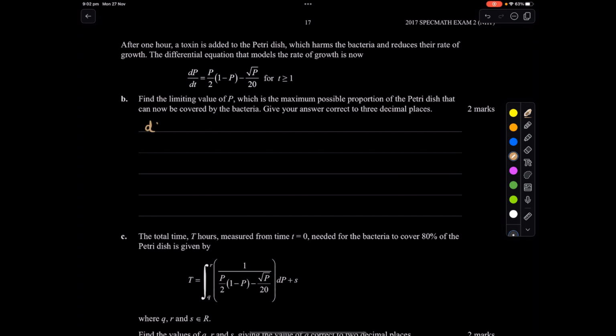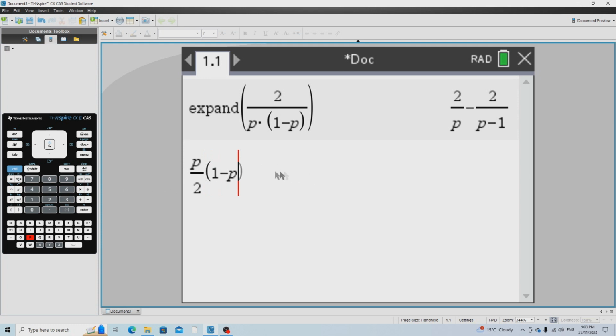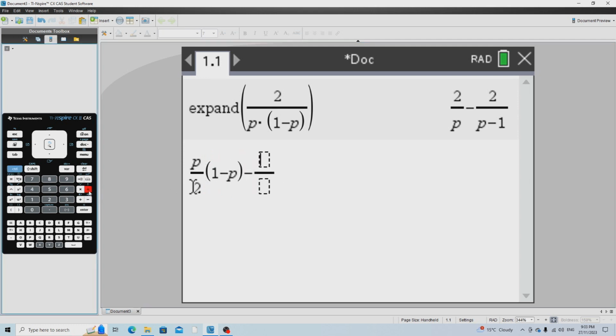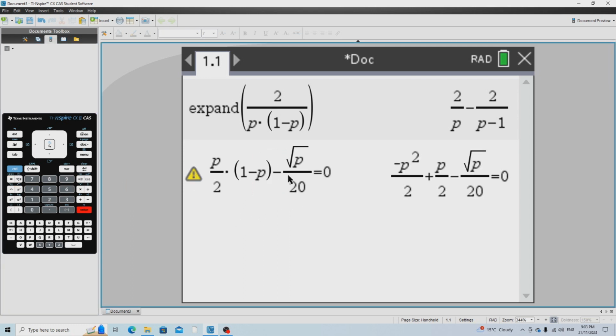So dp/dt equals 0, meaning that p over 2 times 1 minus p minus root p over 20 must equal 0. Let's do that in our calculator: p over 2, 1 minus p, minus root p over 20 equals 0, and we want to solve for p.